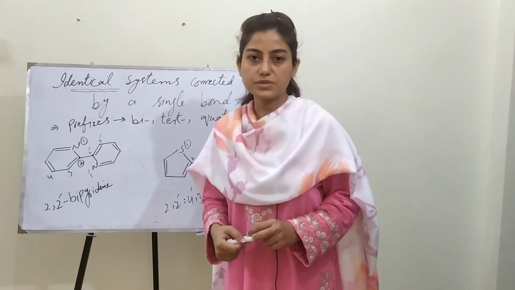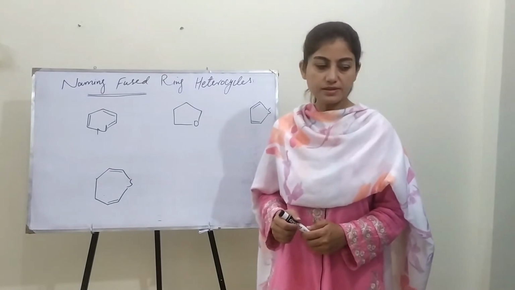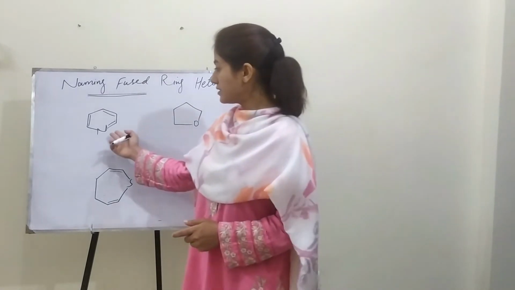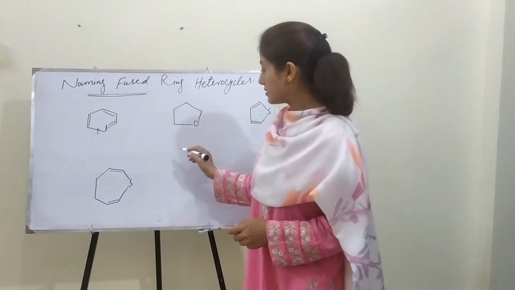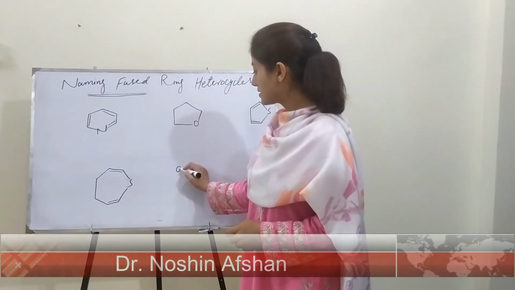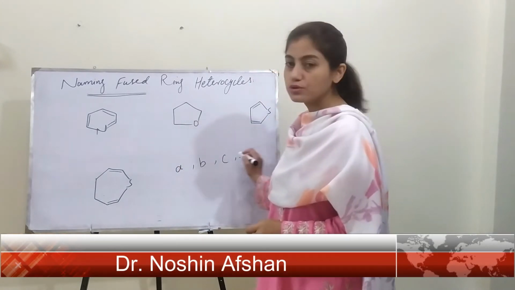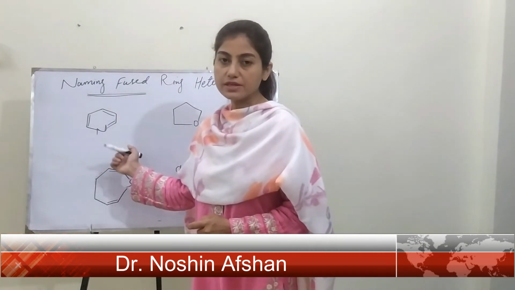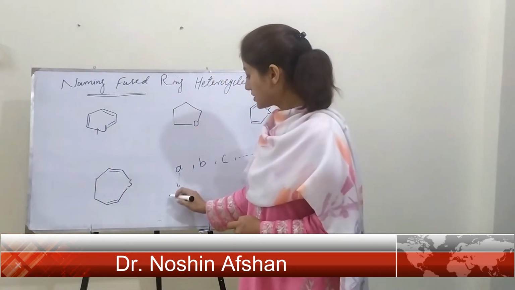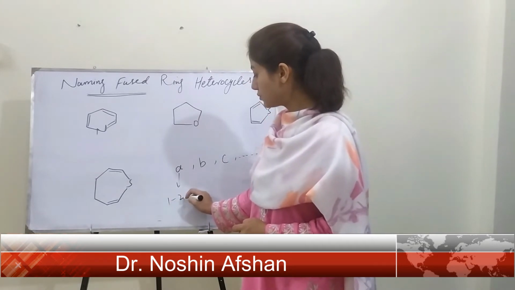So next we focus on the fused ring systems. So, naming the fused ring heterocycles, the side of the heterocycle is labeled by putting the letters A, B, C and so on, and the letter A would be given to the side that is in between atom number 1 and 2.